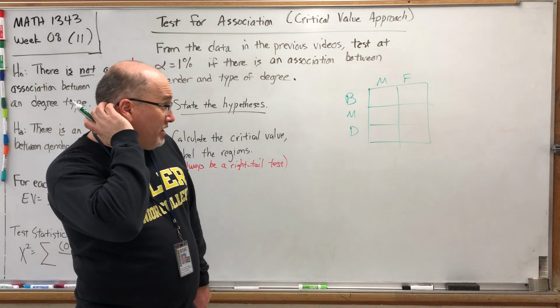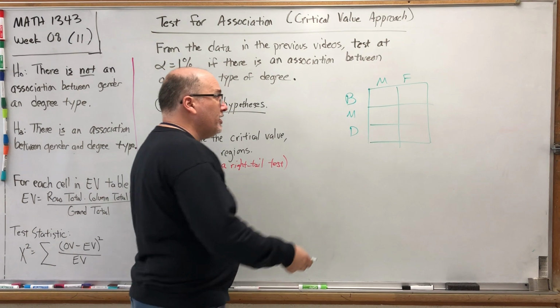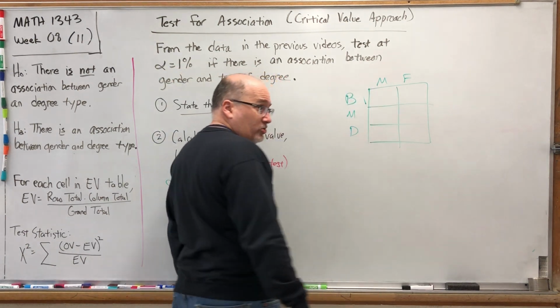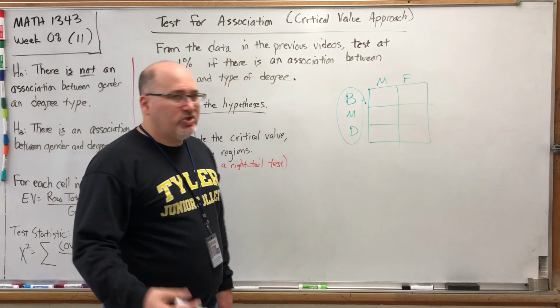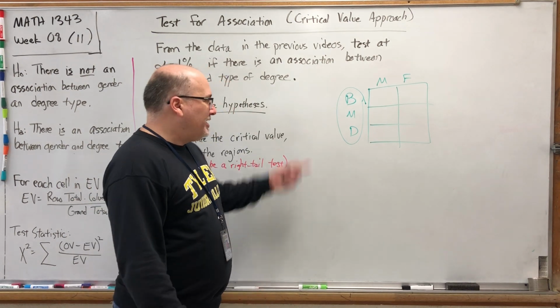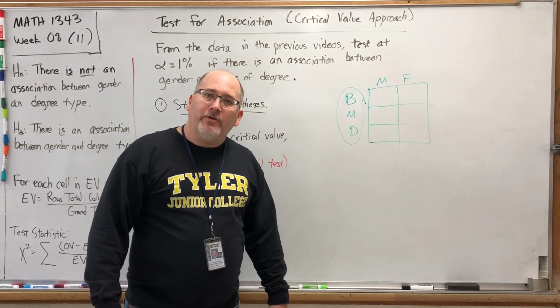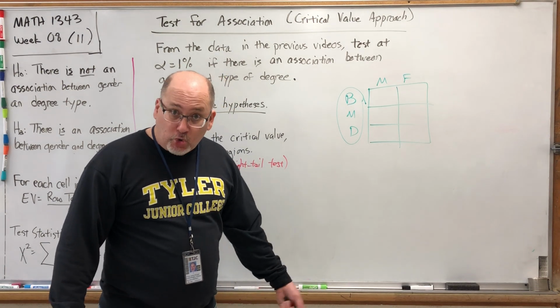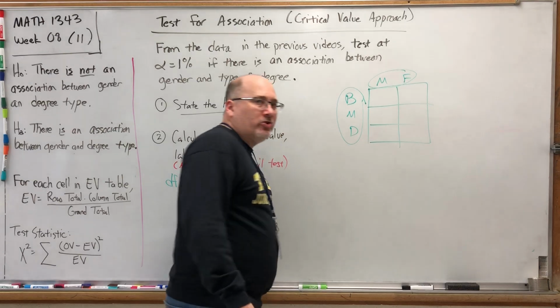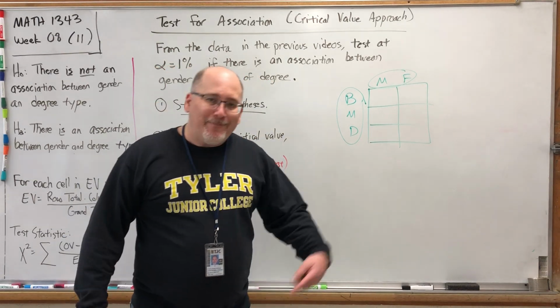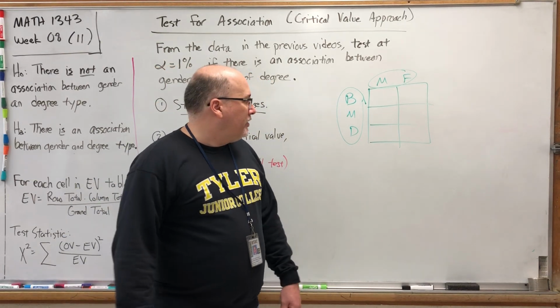If we were doing a goodness of fit test, we would either have one of these classifications or the other. For example, if we were doing a goodness of fit test just for the distribution of degree types, k would be 3 and the degrees of freedom would be k minus 1, which would be 2. But if we were doing a goodness of fit test over just the two genders, k would be 2, k minus 1 would be 1.